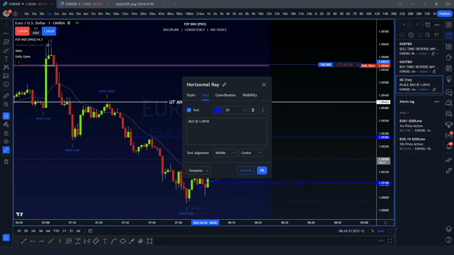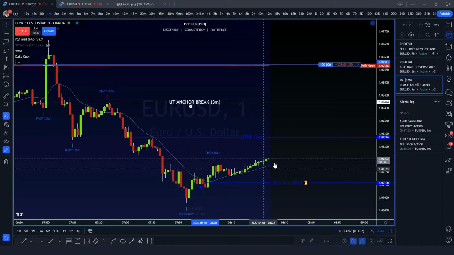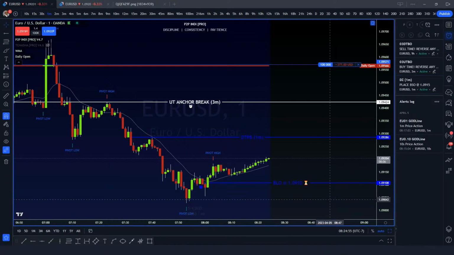Let's see here. All right, so I'm going to put a hourglass here, just letting us know that we're waiting for this to come down to this area. It's not an area that has already been triggered, but we're waiting for it to get triggered.